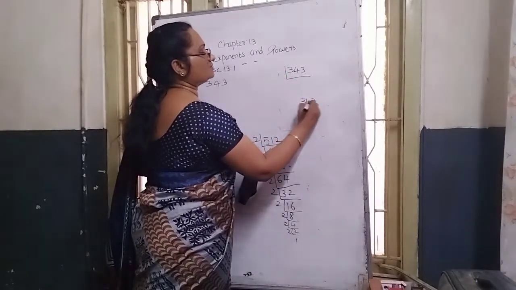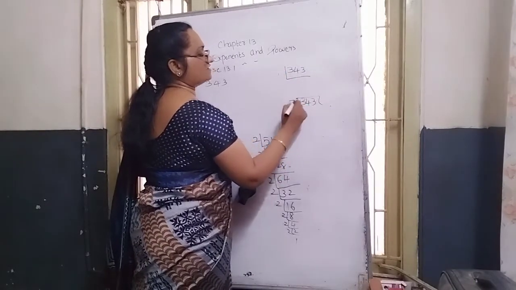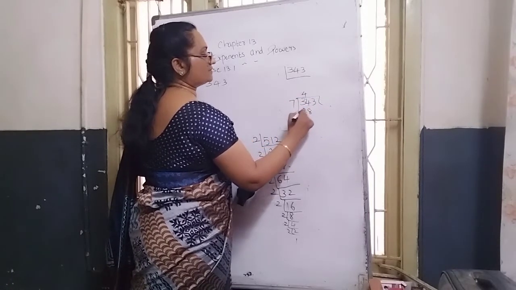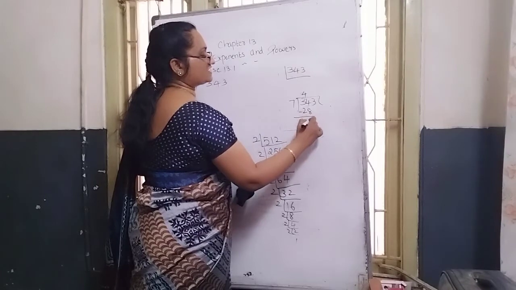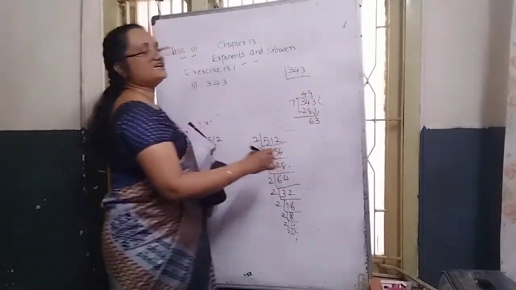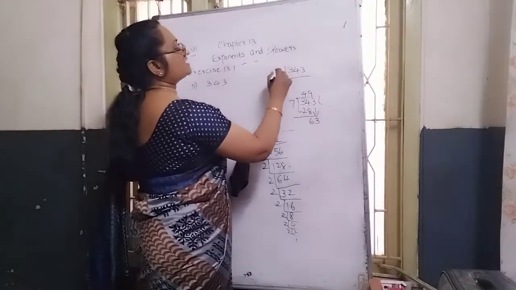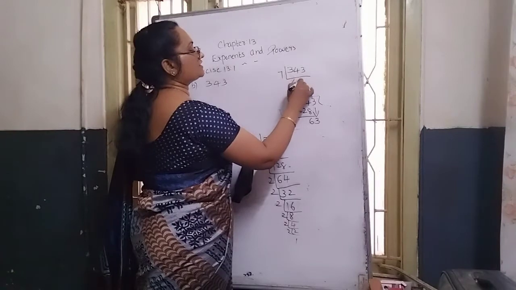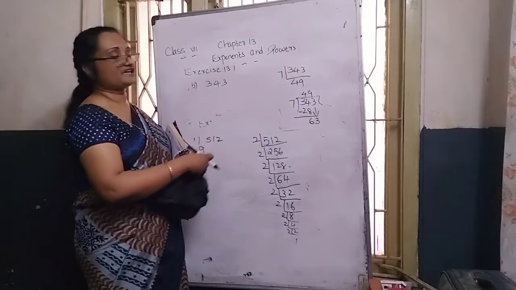Yes, using the prime number 7 and dividing: 7 fours are 28, 34 minus 28 comes to 6. Next number bring down, 63, 7 nines are 63. So 343 divided by 7, the quotient becomes 49. Write the quotient down.